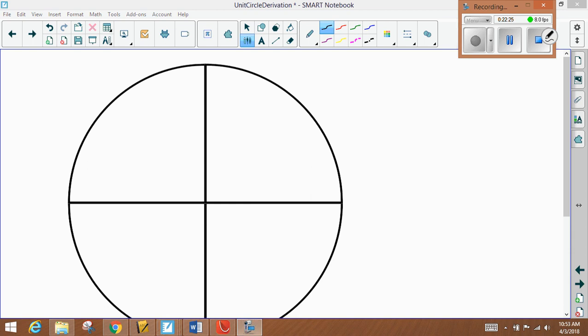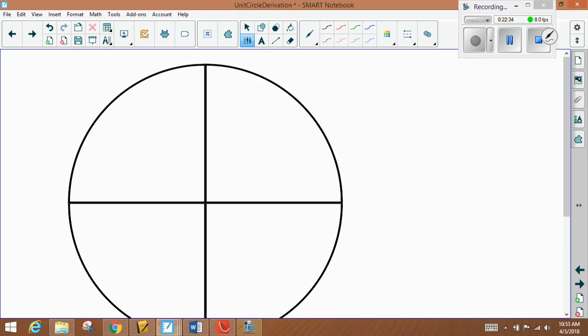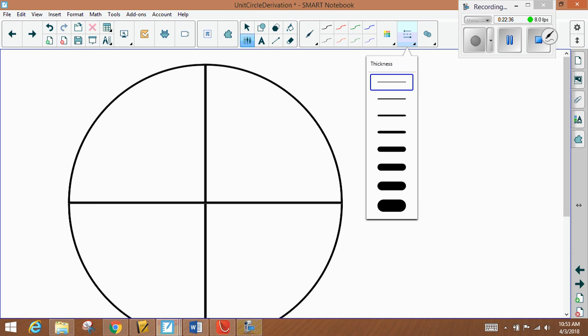So, same circle, unit circle, okay? This is the same circle, except now we're going to talk about it in terms of rotation, okay?